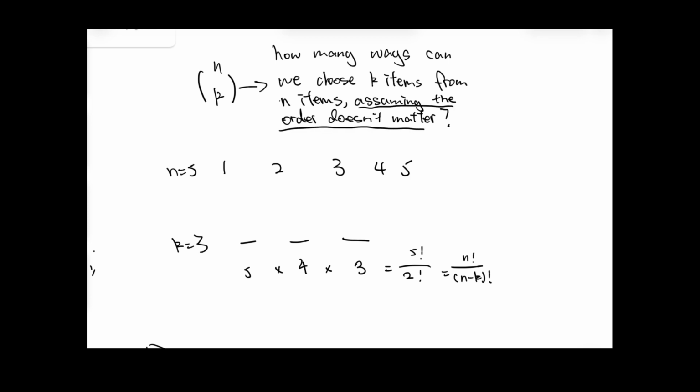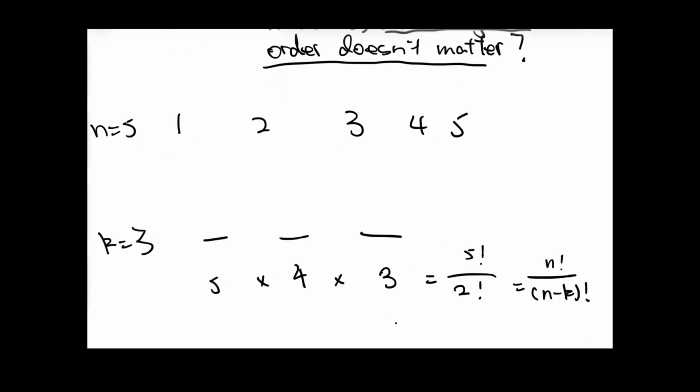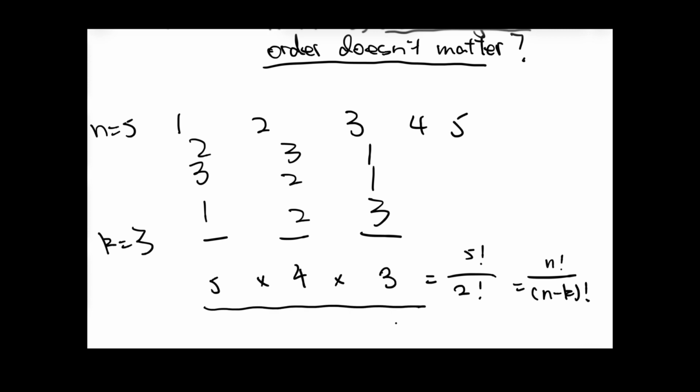What do I mean by that? Okay, let's do a few rounds of putting the numbers in. Maybe we can have 1, 2, 3. Maybe we can have 3, 2, 1. Maybe we have 2, 3, 1. We know it's the same 3 numbers, but if you just keep doing this, these are valid possible outcomes, and these are counted in our n factorial over n minus k factorial.